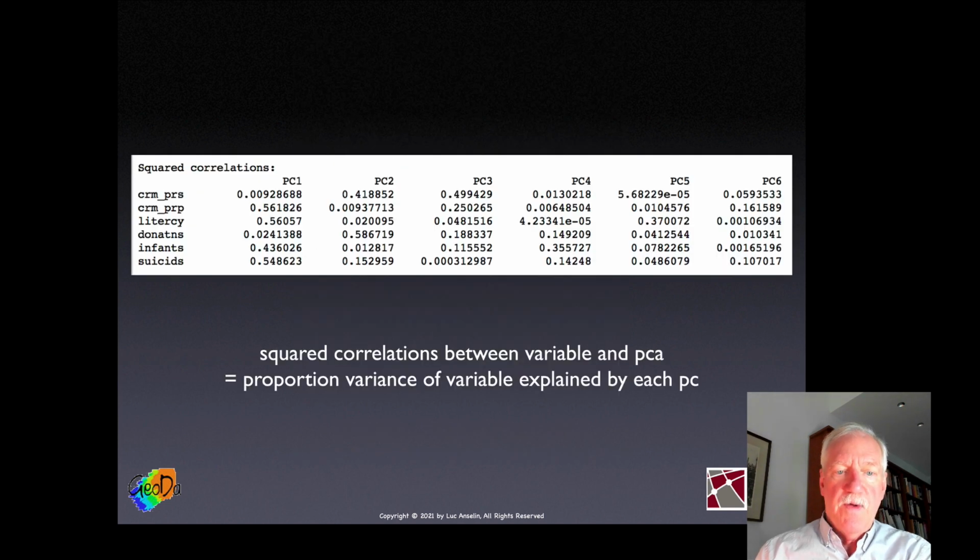In principal component 2, it's crime against persons and donations, and the other variables like crime against property have a very low correlation, literacy as well. So these explain different dimensions of the variability in the process.